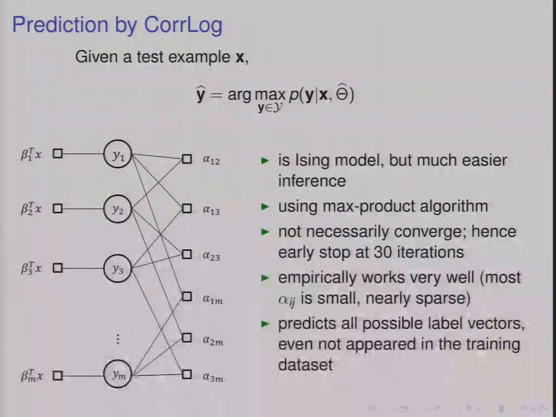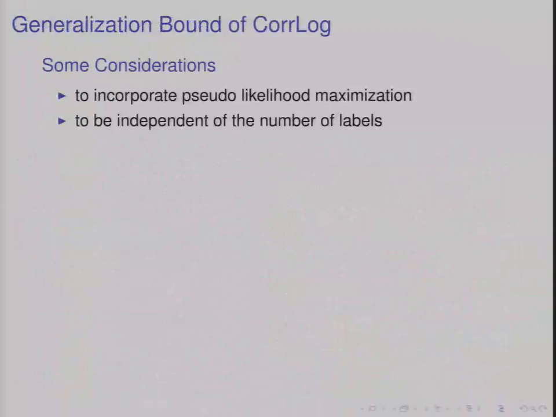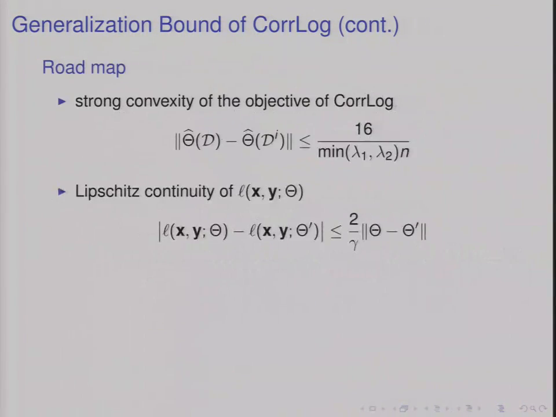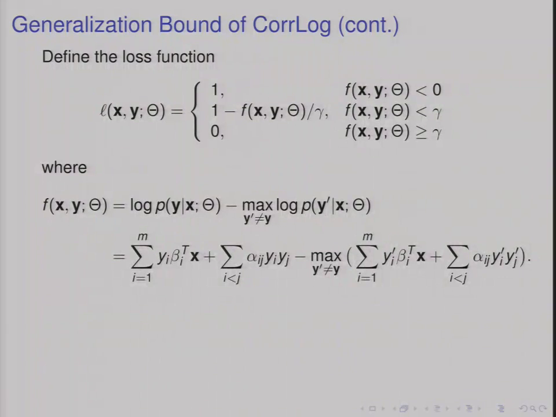Right, but since you don't have any guarantees on how well inference works... We don't have any guarantee. How does that reconcile with the generalization bound where you can make a strong statement about testing? You see that for the generalization, the loss function does not depend on the inference procedure, does not depend on the prediction procedure.